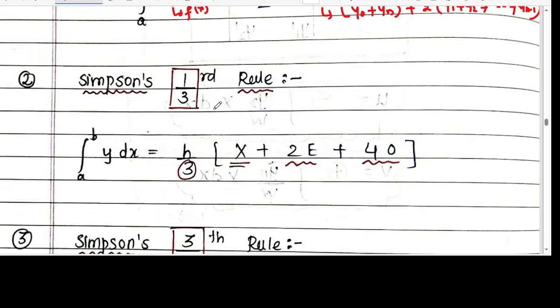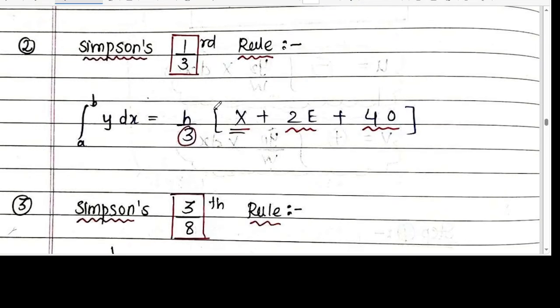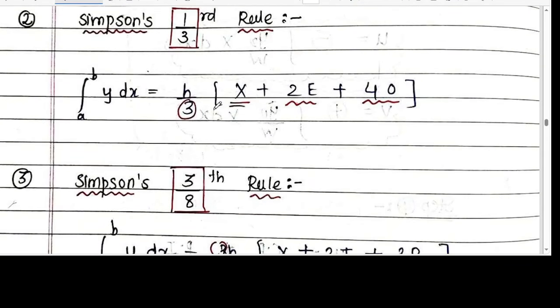Sometimes we have to use Simpson's 1/3 rule. For Simpson's 1/3 rule, it is important that this n in yn has to be an even number. N has to be an even number, then only we can use it. So h is equal to, in 99% examples, b minus a upon n, and you can keep n as 6. If you keep n at 6, it will solve the problem of Simpson's 1/3 rule as well as Simpson's 3/8 rule.